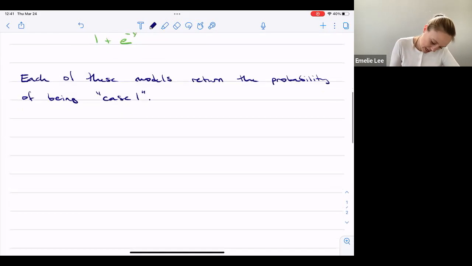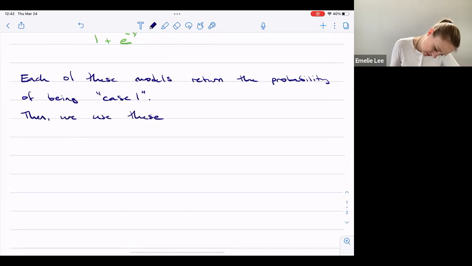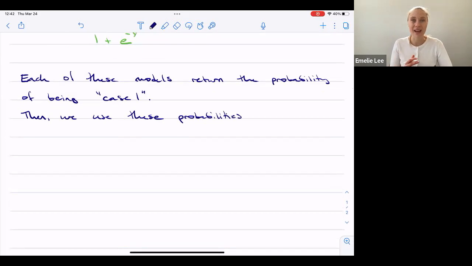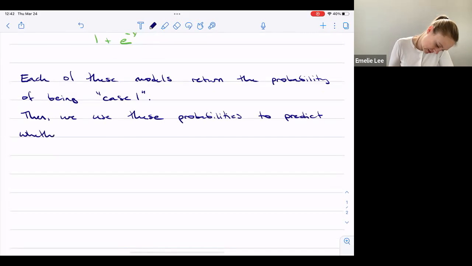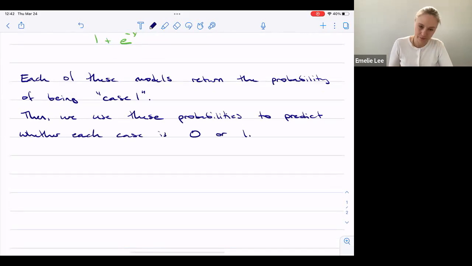And so then we use these probabilities to classify or to predict whether each case is 0 or 1.